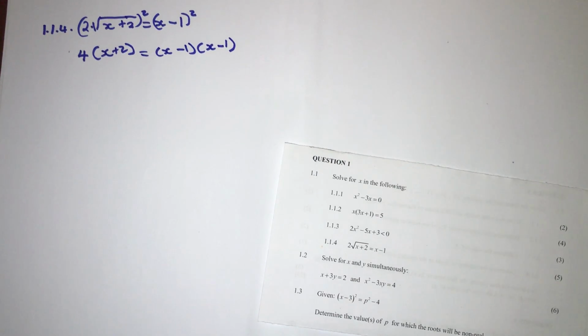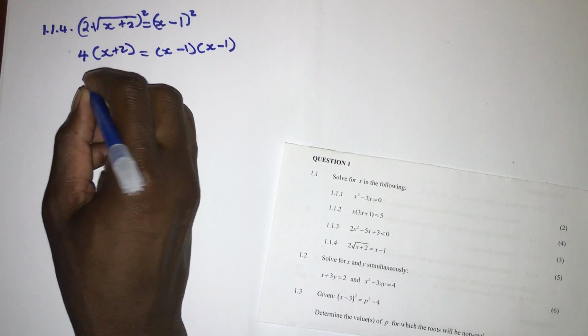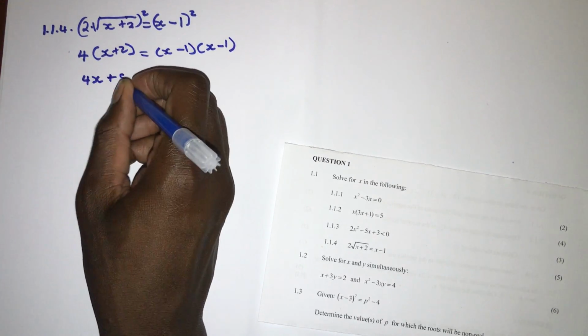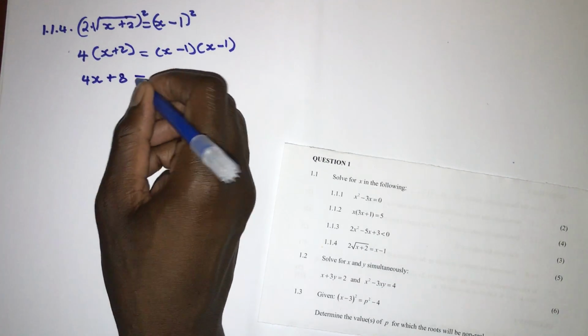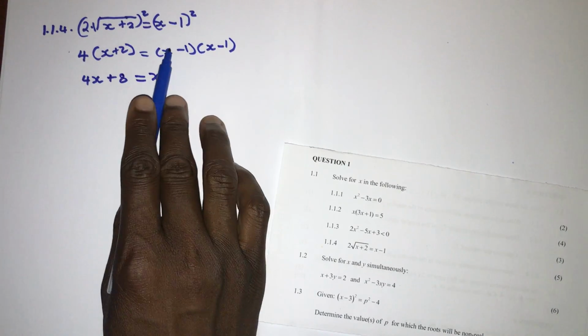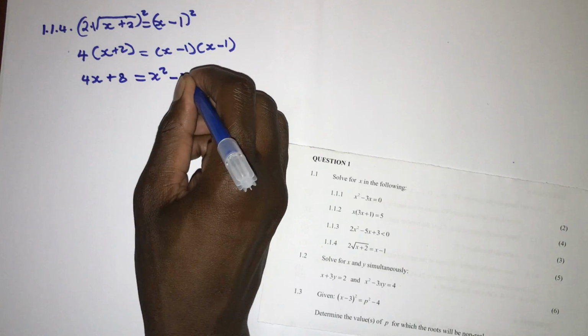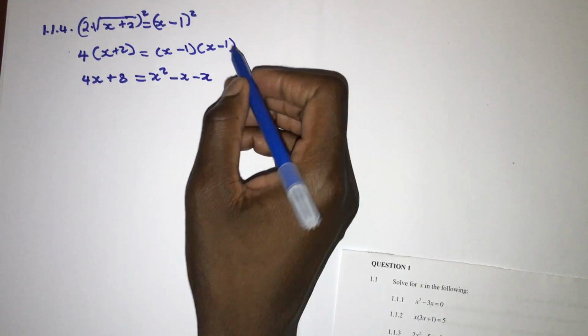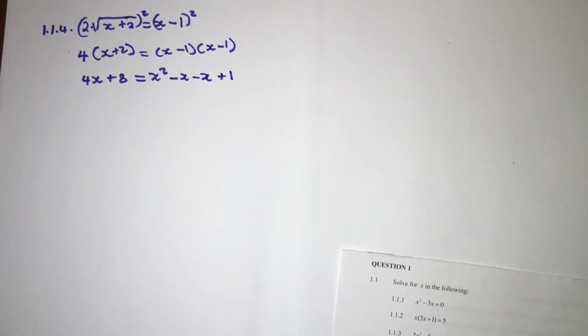So 4 times x, that is 4x. 4 times 2, that is positive 8. And then it's equal to x times x is x squared. x times negative 1, that is negative x. Negative 1 times x, that is negative x. Negative 1 times negative 1, that is positive 1.